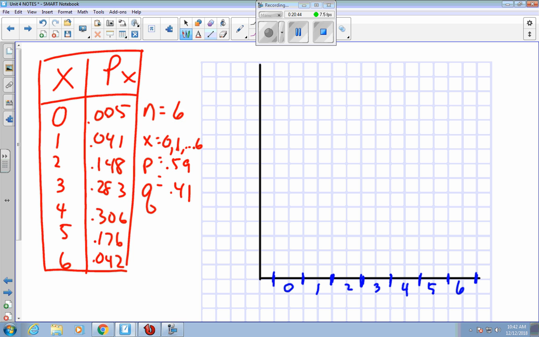Now, as you look at your y, or your p of x's, you can see the smallest is 0.005, and it goes up to 0.306. I do not, don't write this, I do not want 0.1, 0.2, 0.3, okay? So that's too scrunched together. You want to spread things out so you can see what's going on.